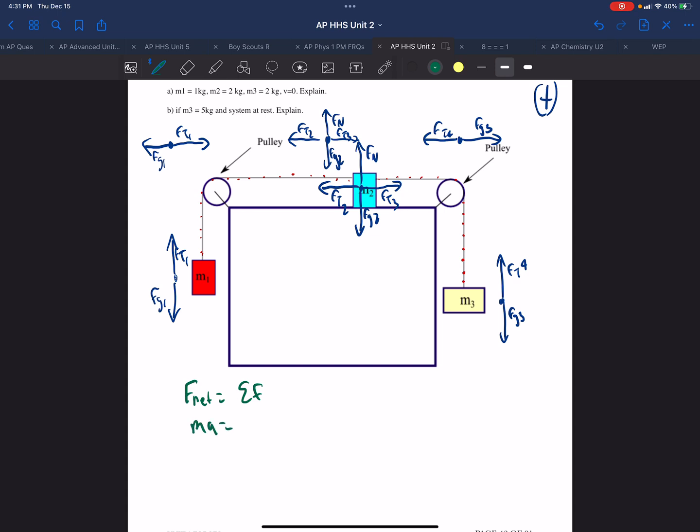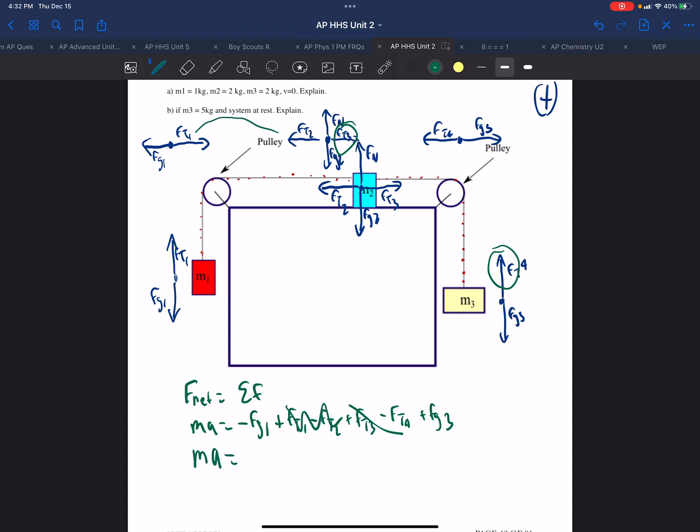And the sum of our forces are minus Fg1 plus Ft1 minus Ft2 plus Ft3 minus Ft4 plus Fg3. And what we said was this Ft3 and this Ft4 are equal and opposite to each other, and this Ft1 and Ft2 are equal and opposite to each other.